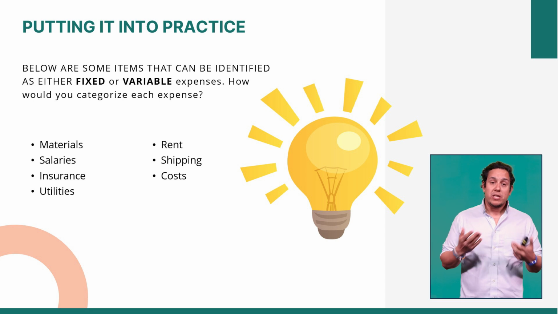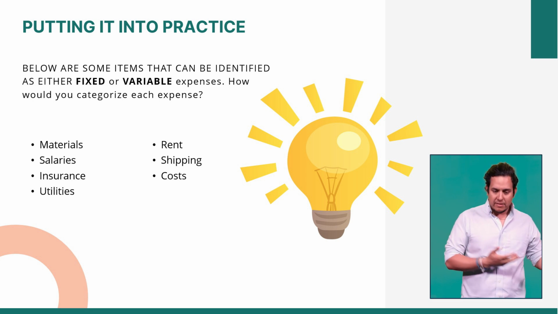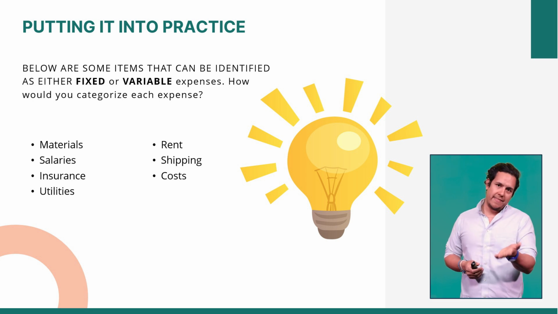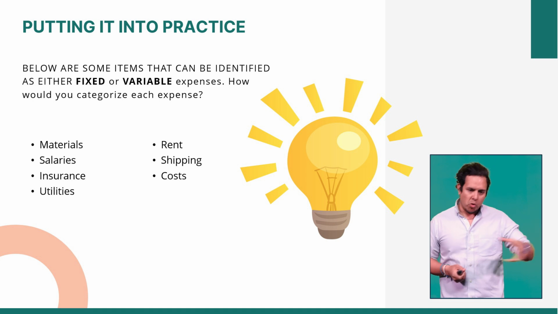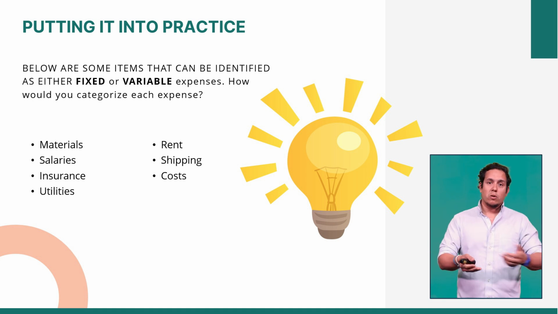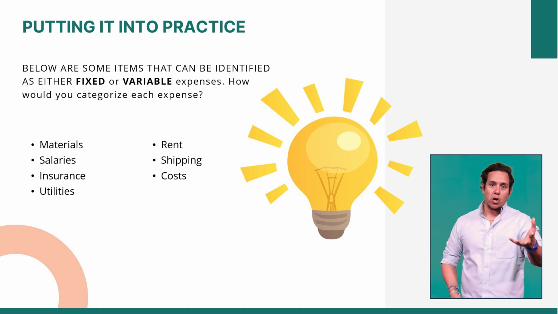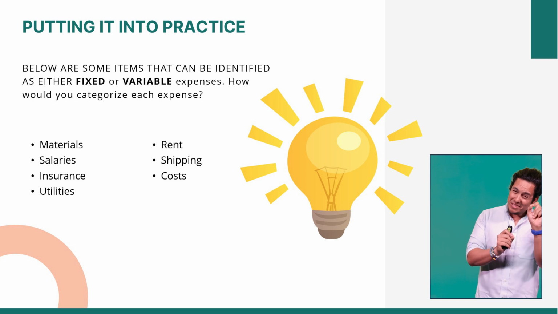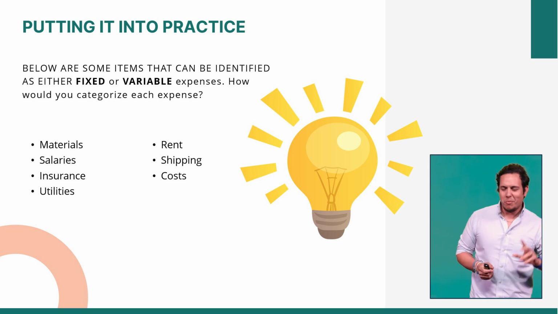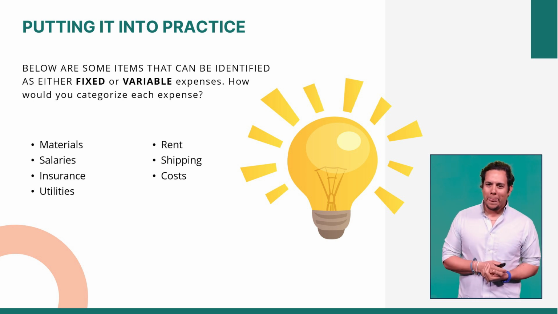But if you've got a production salary, somebody that comes in and helps with the production, that's going to be variable, right? Because the more you produce, the more they'll incur as a salary. So that one's a little bit of a tricky one, but that's fine. We'll figure it out as we go.